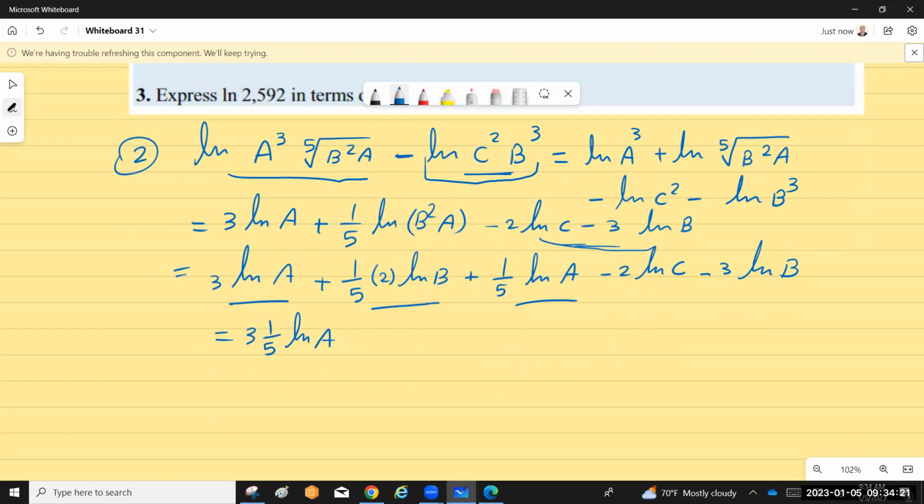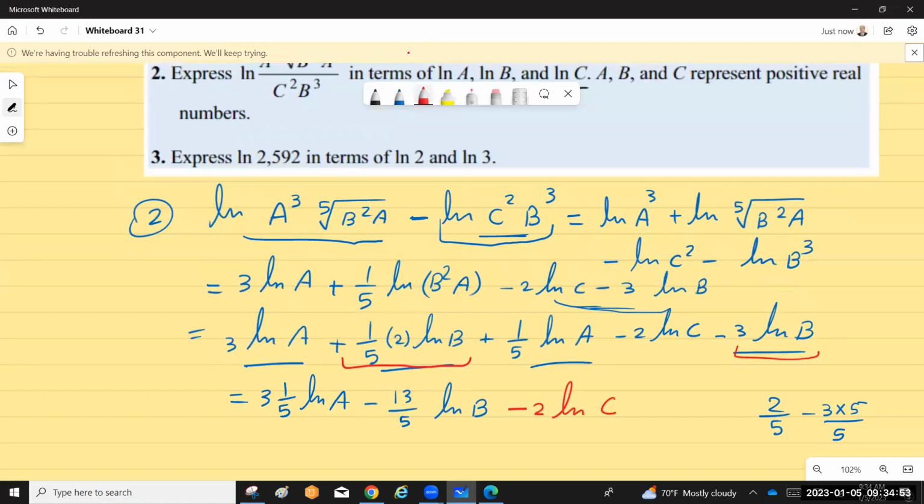And the ln b's, you have 2/5 here, and you have 3 here. 2/5 minus 3, just multiply by 5, so 2 minus 15 is negative 13 over 5 ln b. What I solved now is this term and this term together. And finally, ln c, you just write it in the end, minus 2 ln c, and this is the final answer.